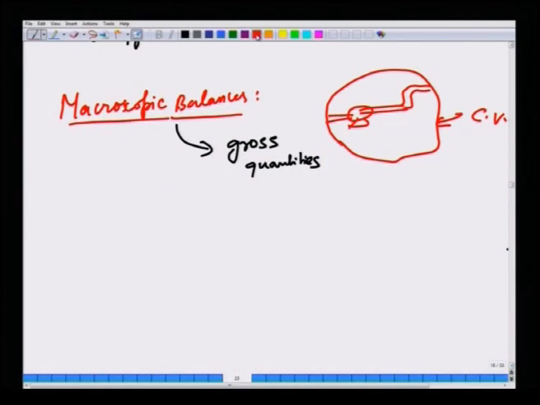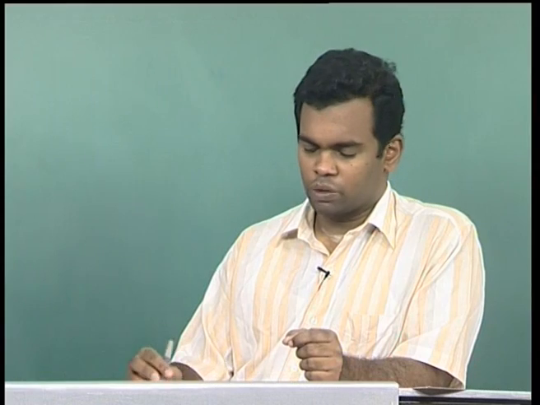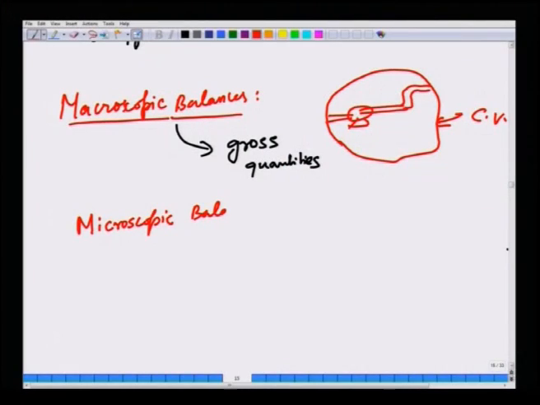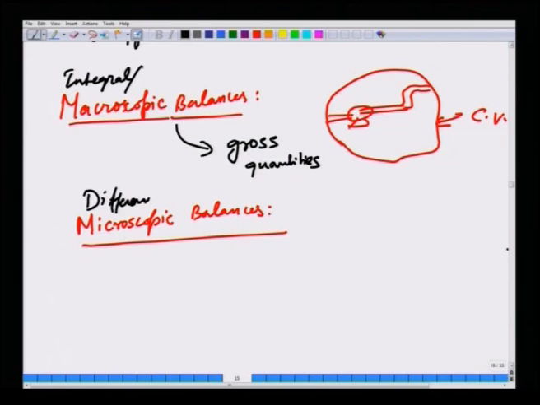But you can also apply the fundamental principles, instead of to macroscopic volumes, to differential volumes, which will lead to what are called microscopic balances. Sometimes macroscopic balances are also called integral balances, because the equations will be in the form of integrals, while microscopic balances are sometimes called differential balances, because the equations that we get will be in the form of differential equations.